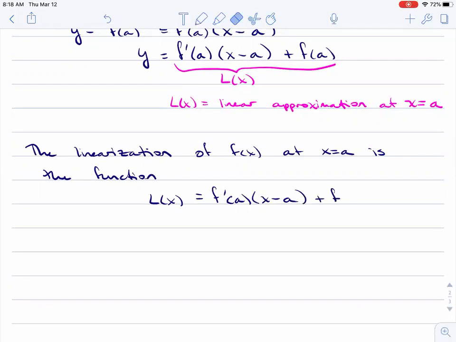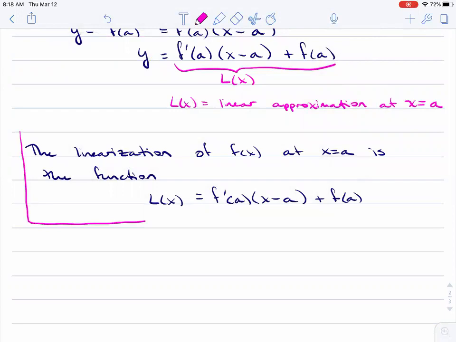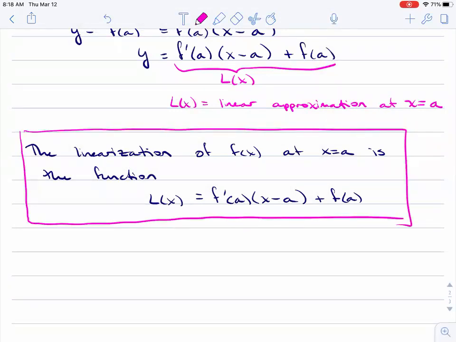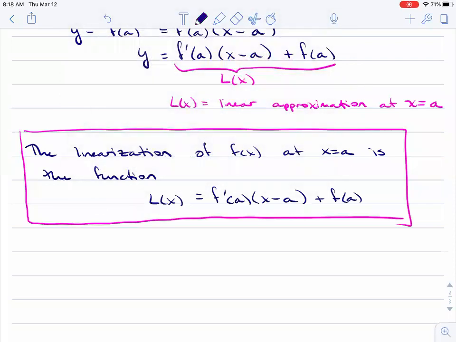So just from before, but I will put a box around it. You can pretty easily develop that on your own, just knowing that the derivative evaluated at a is the slope at a.